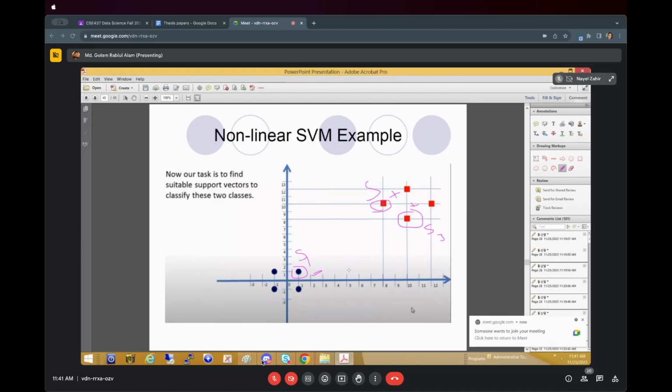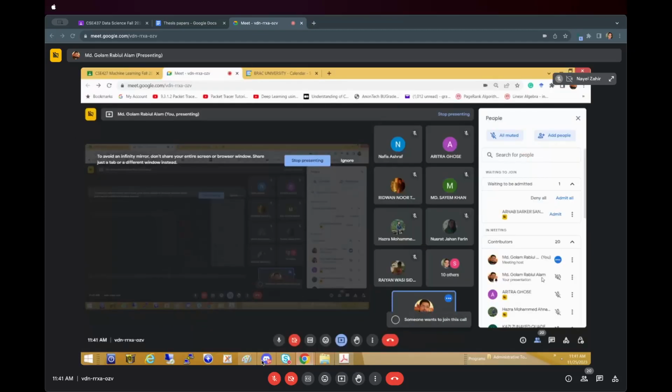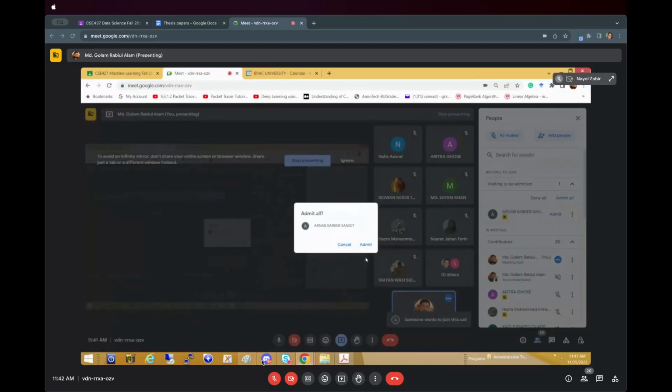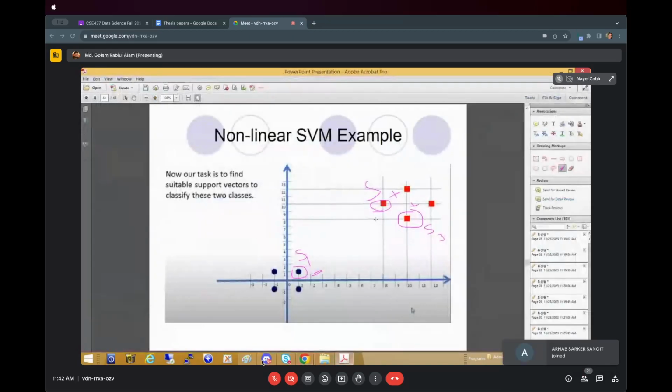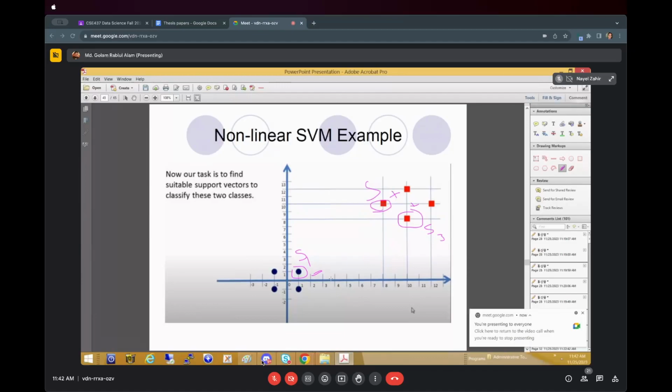Now we can actually apply the method we have discussed earlier, directly for our hyperplane. At first we need to augment the support vectors, so we will get s1 tilde, s2 tilde, and s3 tilde.